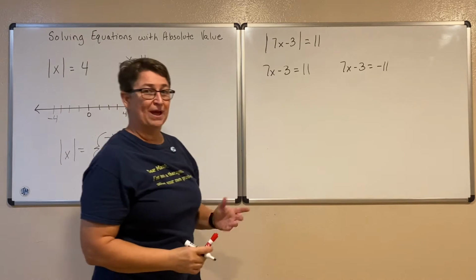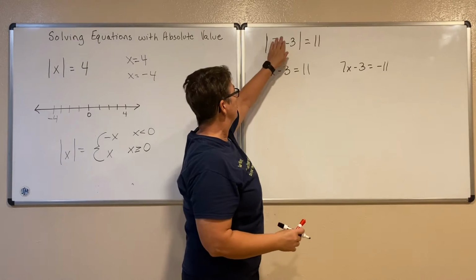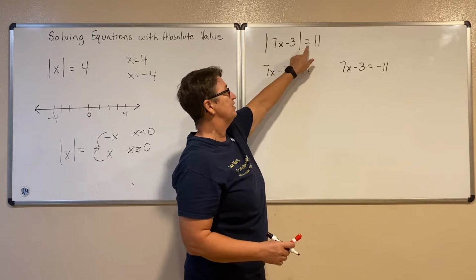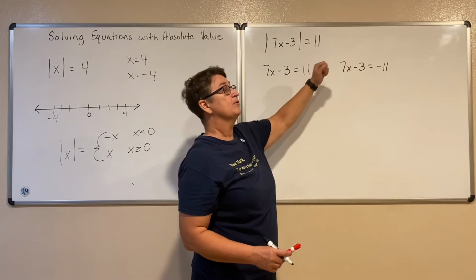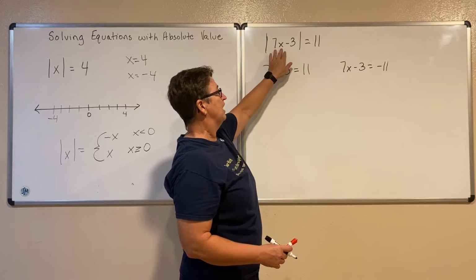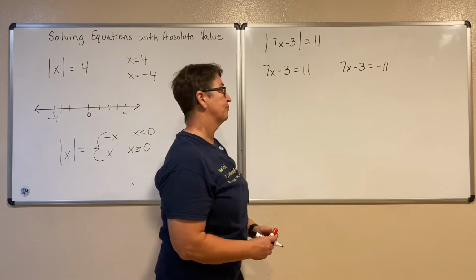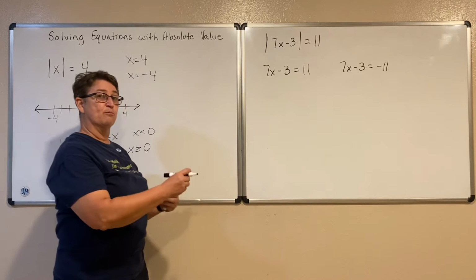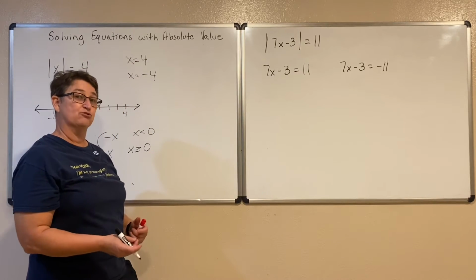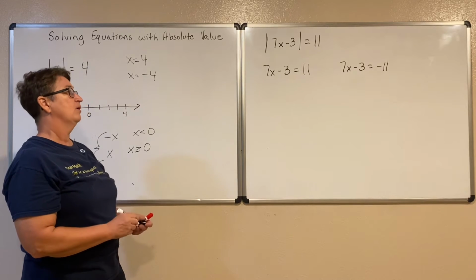Both of those would make this true, because if it ends up with a negative 11 in here, the absolute value of negative 11 is still 11. If it ends up with 11 inside, the absolute value of 11 is 11. So we need to solve both of these equations in order to find the two answers that x could be.